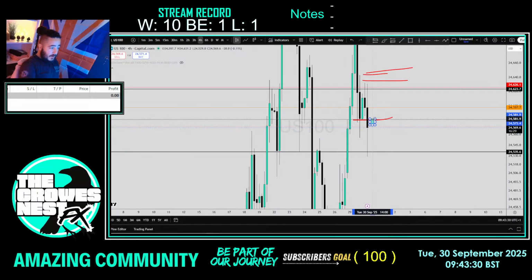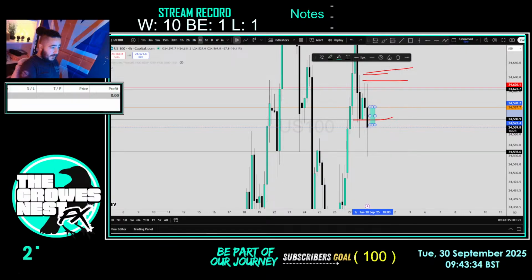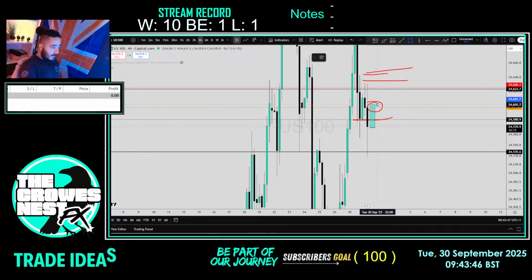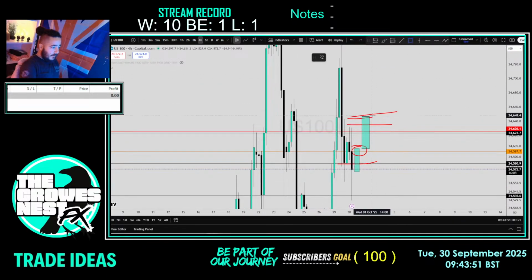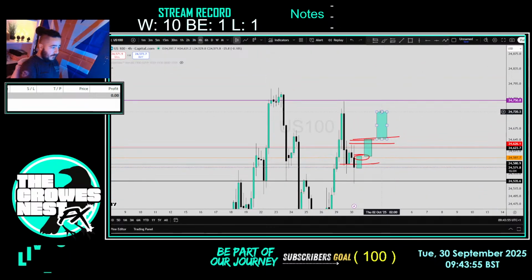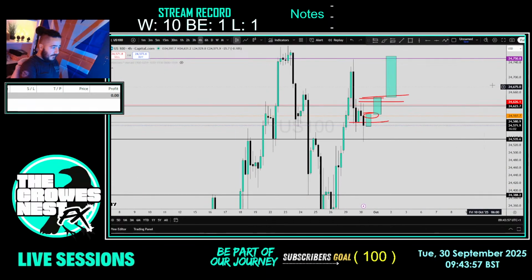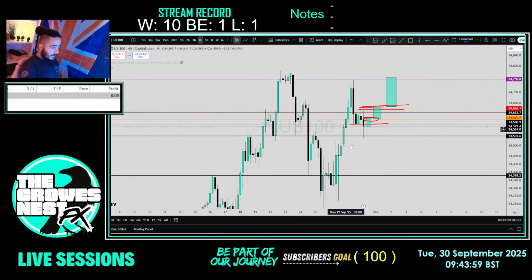The advantage point is the previous support, but looking to come and tap this to take some decent profit around here. But also with the whole emphasis of the 4 faking out back into this range to then start coming back up. And that's the daily flipping to continue its move all the way up to the daily range. That's what I'm looking at.